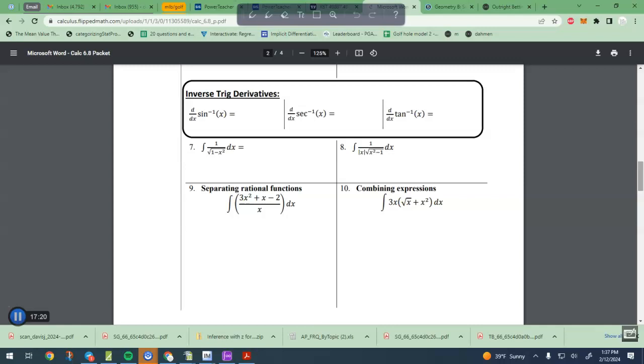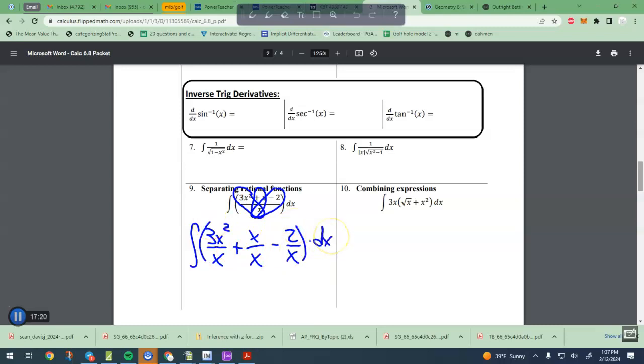Okay. Number 9, separating rational functions. There's no quotient rule for integration, but this is the idea that you could separate these into 3 separate things. So it'd be like 3x squared over x plus x over x minus 2 over x.